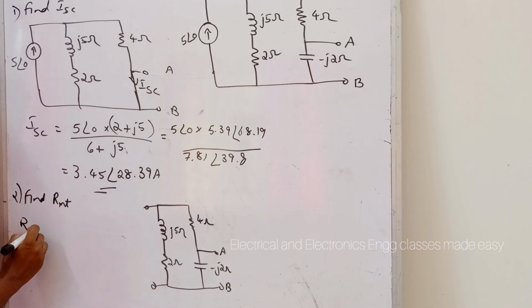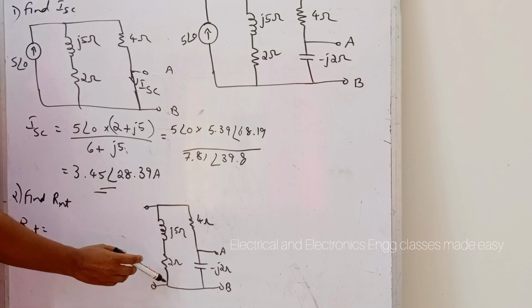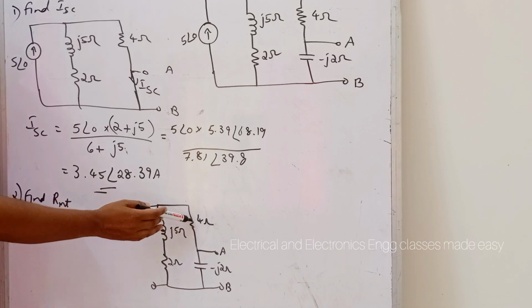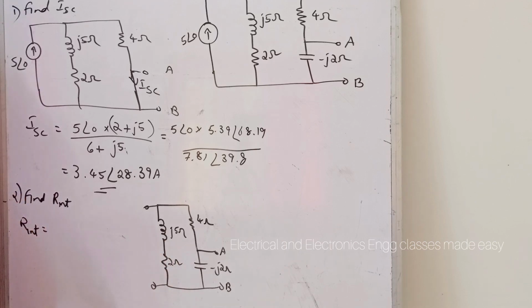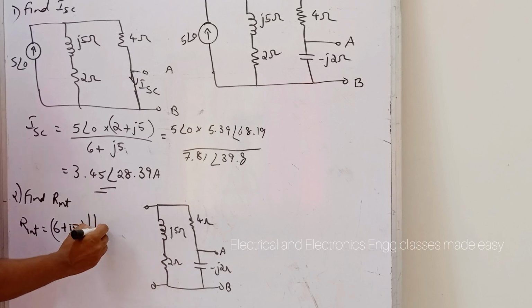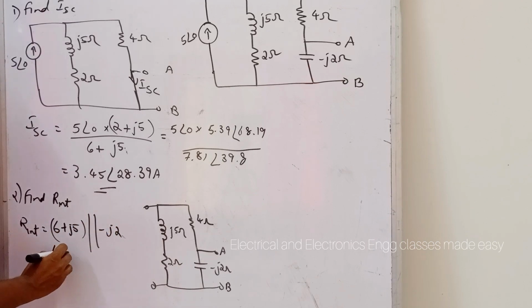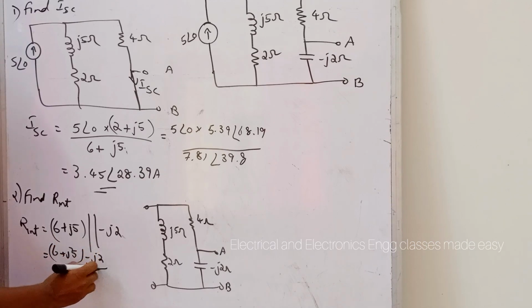So R internal is equal to, here these three are in series, which is in parallel with this minus J2 ohm. So we can write 4 plus 2, that is 6 plus J5, in parallel with minus J2. Here we will get 6 plus J5 into minus J2 divided by 6 plus J5 minus J2.